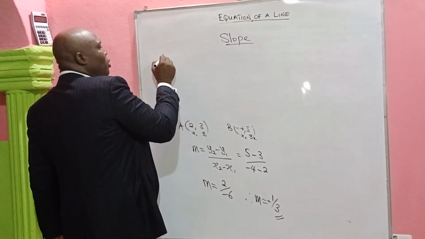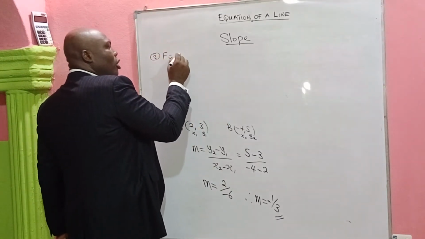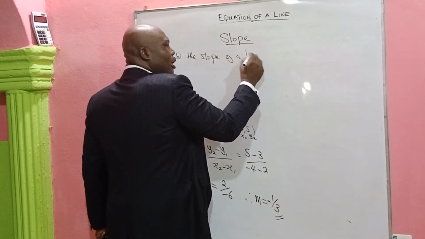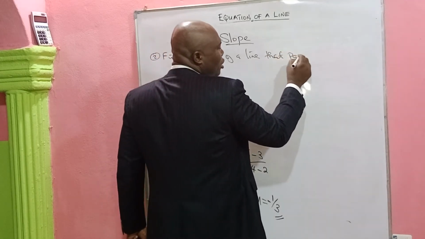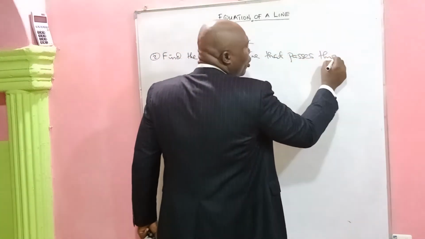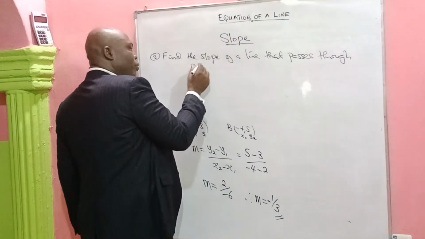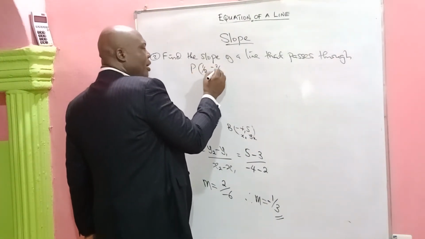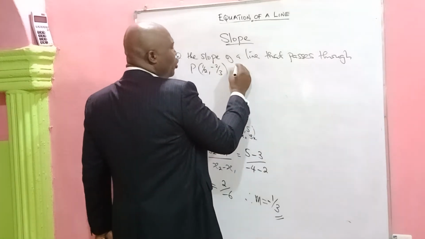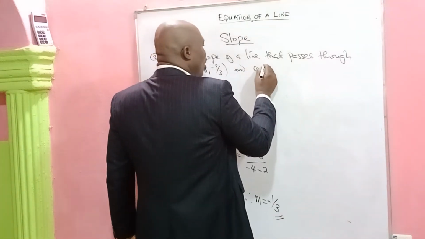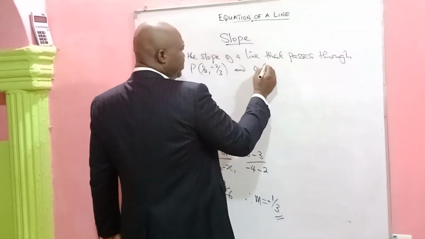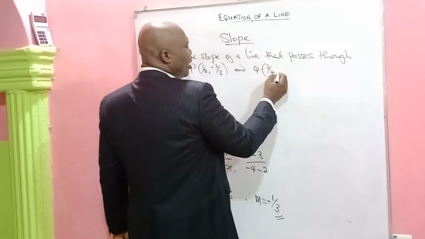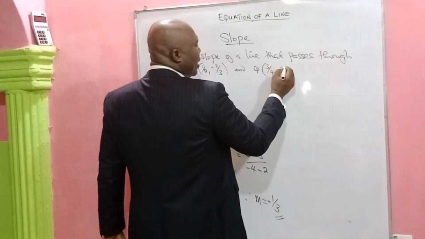Say for instance, number 2, find the slope of a line that passes through the points P and Q. Point P is at half and minus 2 over 3, and point Q is at 3 over 4 and minus 1 over 3.